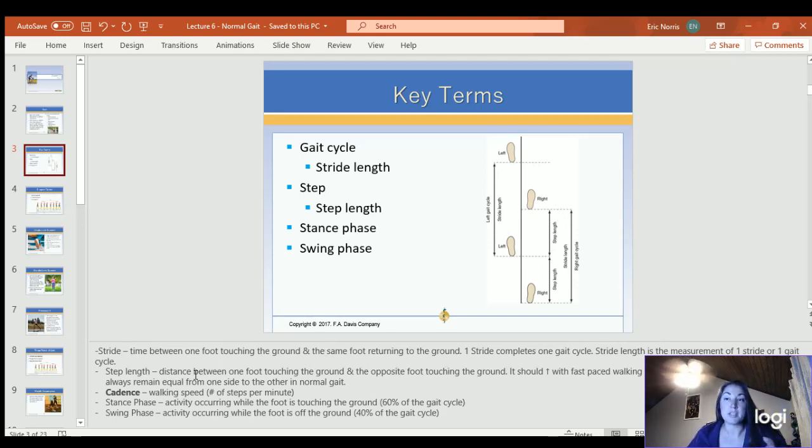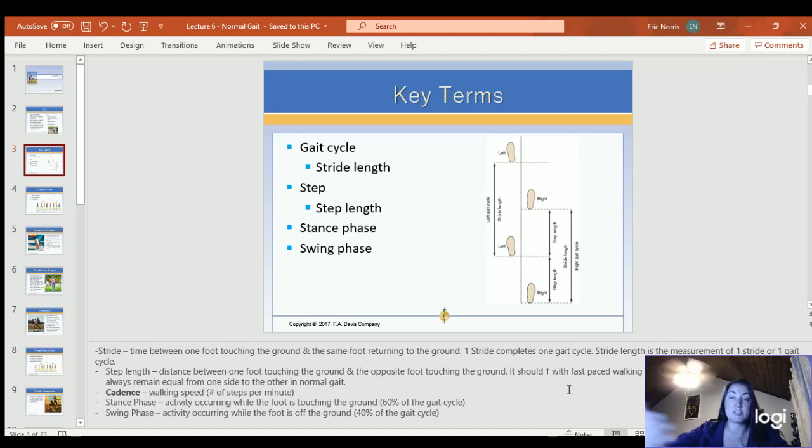Versus step length, it should really be about half of the gait cycle because it's the distance from one foot hitting the ground to the opposite foot hitting the ground, or if you choose another portion of the gait cycle like push off, then it would be from one push off to the opposite foot pushing off. If you increase your walking speed, typically the step length will increase.